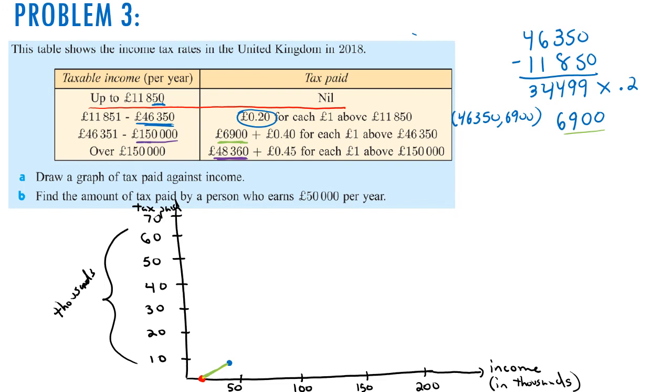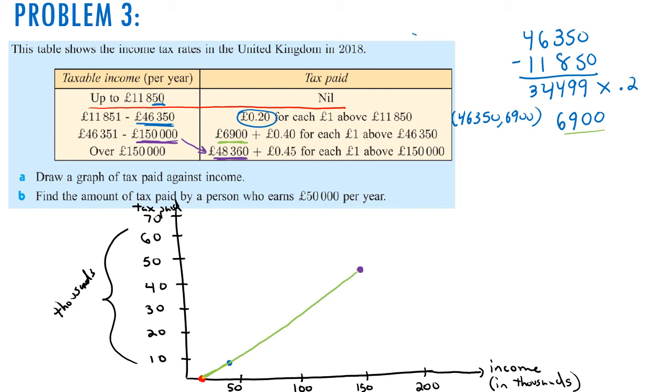Our next X value is 150,000 and its Y value is right there because they already did the calculation for us. We just had to realize how they got the calculation to know where to pull our number from the Y column. So we'll go to 150 and 48,000, so probably around here. And that is our next piece of the piecewise.